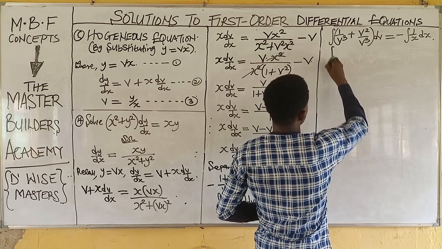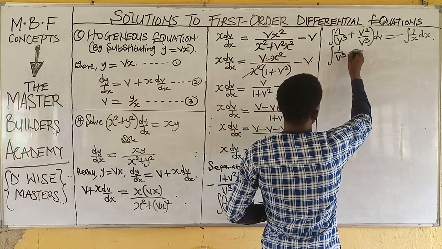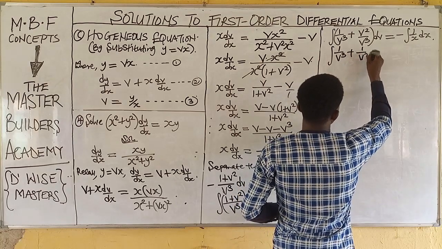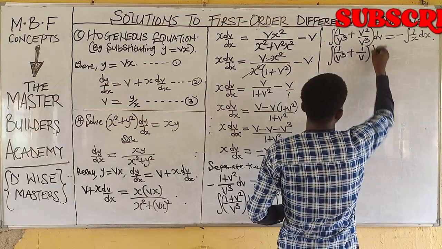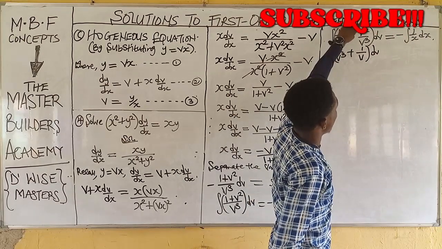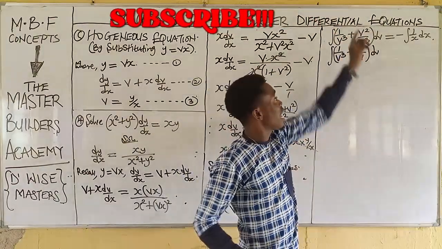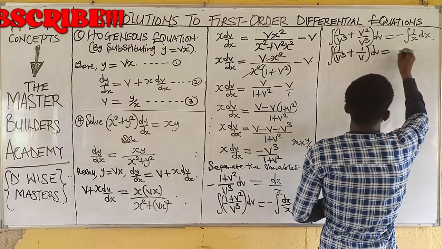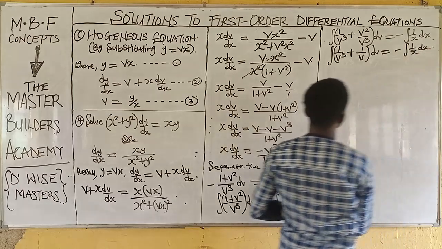And this would have given us integral of 1 over v cubed plus 1 over v, dv. Don't forget that v squared over v cubed will take care of each other. So we now have 1 at the numerator and v at the denominator, which is equal to minus integral of 1 over x dx.